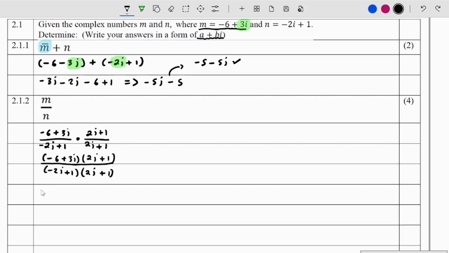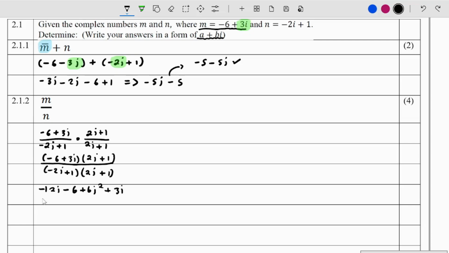Negative 6 multiplied by 2i is going to give us negative 12i, and negative 6 multiplied by 1 gives us negative 6. Then 3i multiplied by 2i is going to give us positive 6i squared, and 3i multiplied by 1 gives us positive 3i.